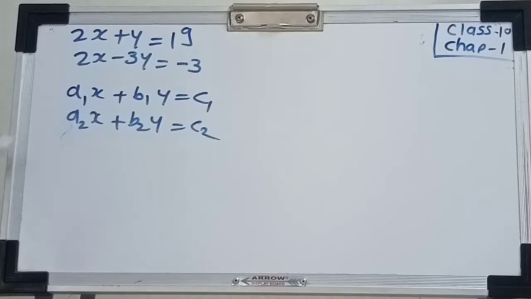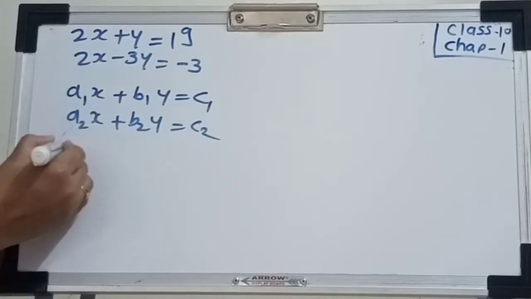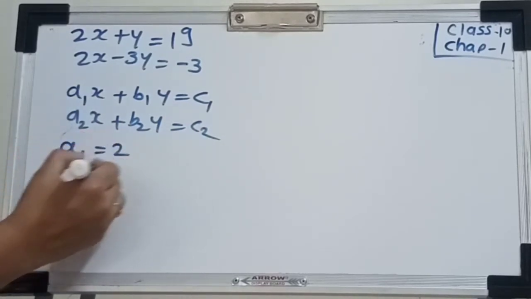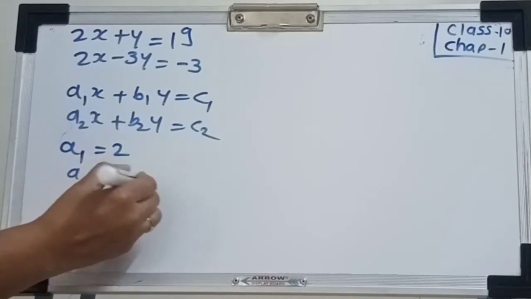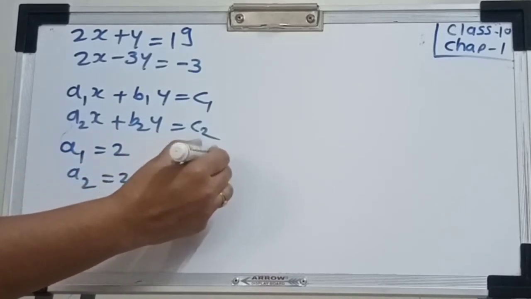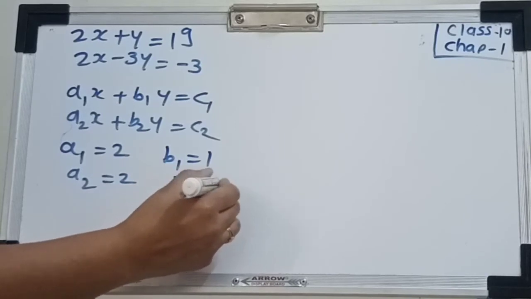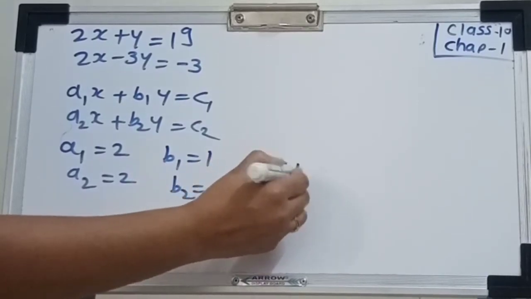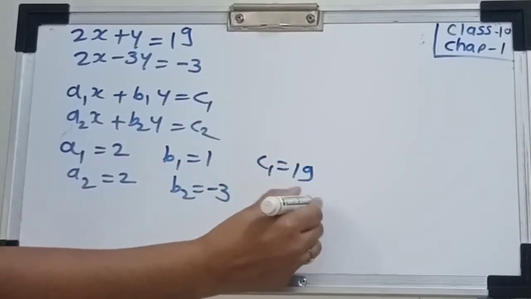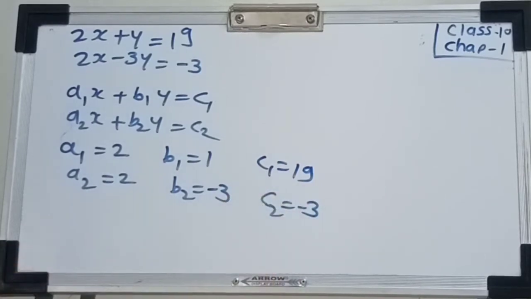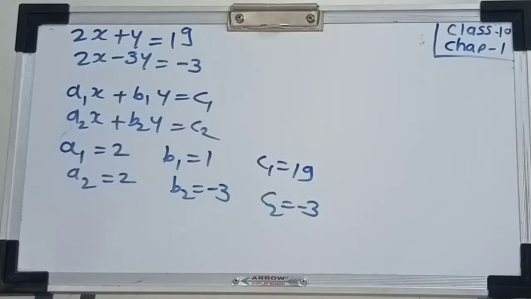Here a1 is equal to 2, a2 is equal to 2, b1 is equal to 1, b2 is equal to minus 3, c1 is equal to 19 and c2 is equal to minus 3.